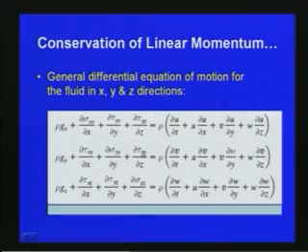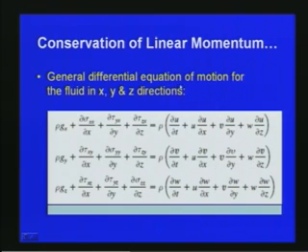Now this is the equation in x direction, and the general equation of motion in y direction can be written as rho gy plus del tau xy by del x plus del sigma yy by del y plus del tau zy by del z equal to rho into del v by del t plus u into del v by del x plus v into del v by del y plus w into del v by del z.